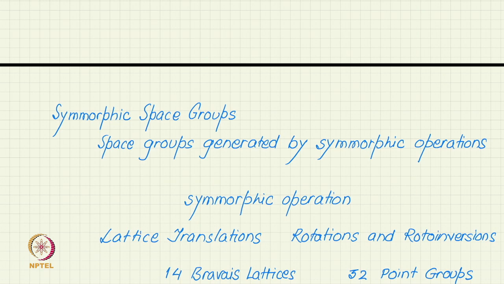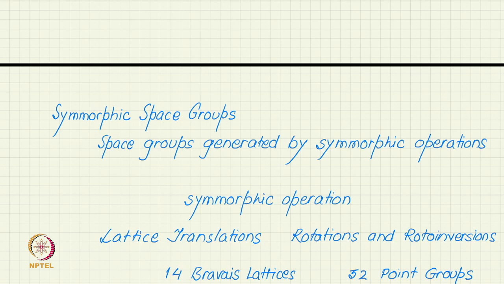They are non-symmorphic operations. So, if we leave those out and generate a space group only by lattice translations, rotations and roto-inversions, and as you know, roto-inversions include inversions and reflections.